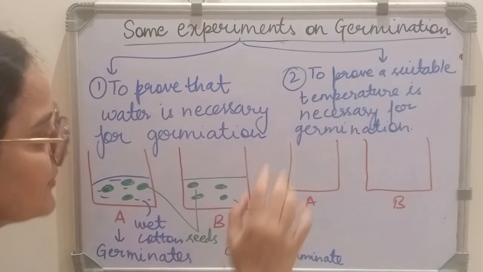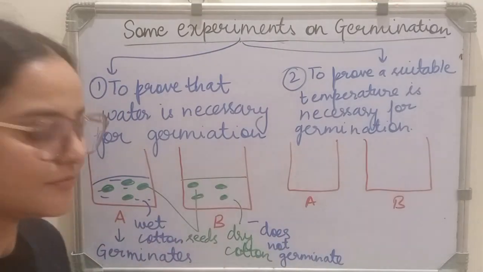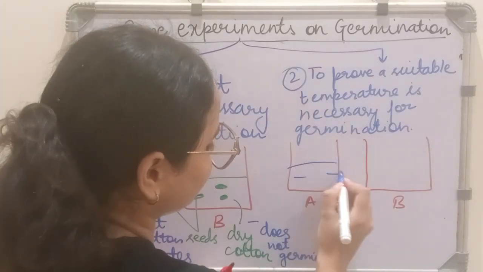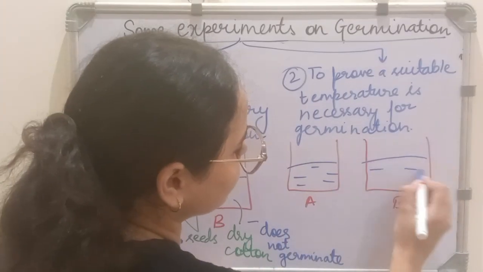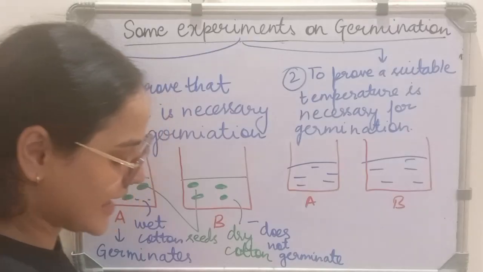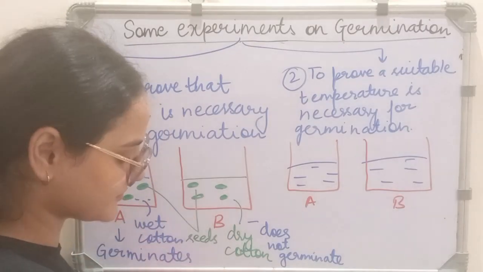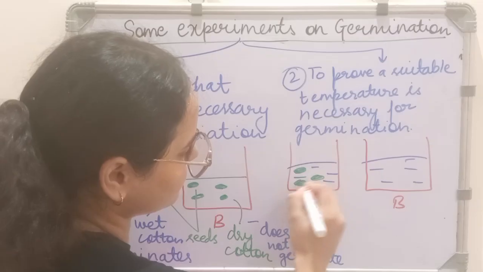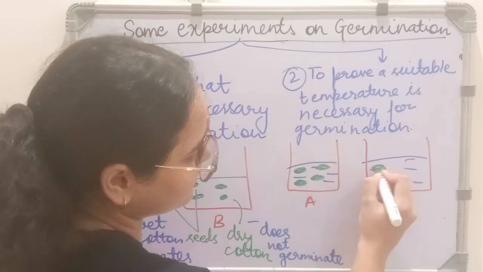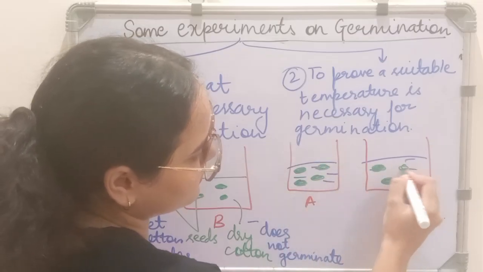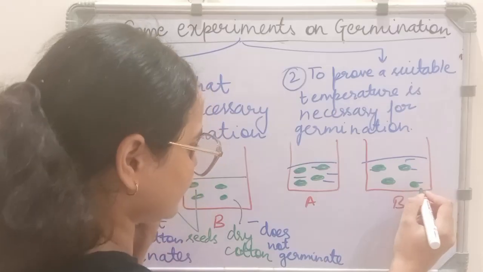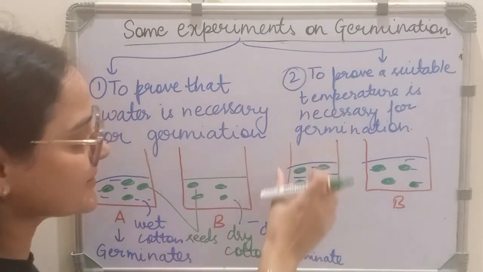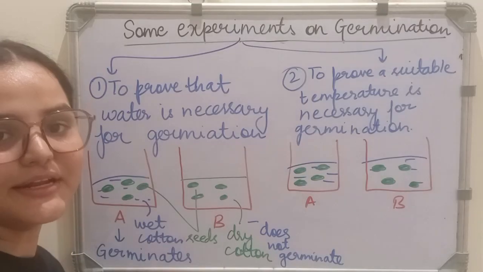And this time in both beaker A and beaker B we are keeping wet cotton. So water is available now in both the beakers. And we are placing our seeds, bean seeds. Now we are keeping this beaker A at ordinary temperature.